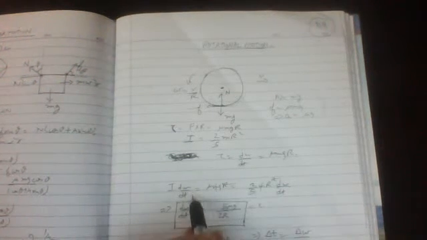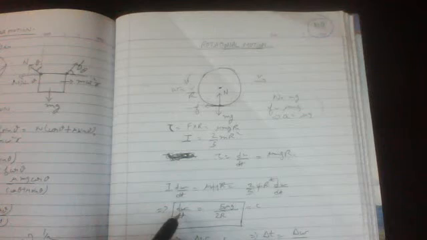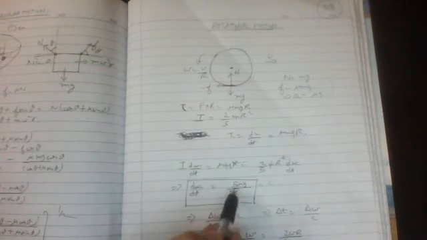This is a very important point here. I d omega by dt is equal to mu mgr, and if we solve this, we get the value for d omega by dt, which is just delta omega by delta t, because it's a constant.